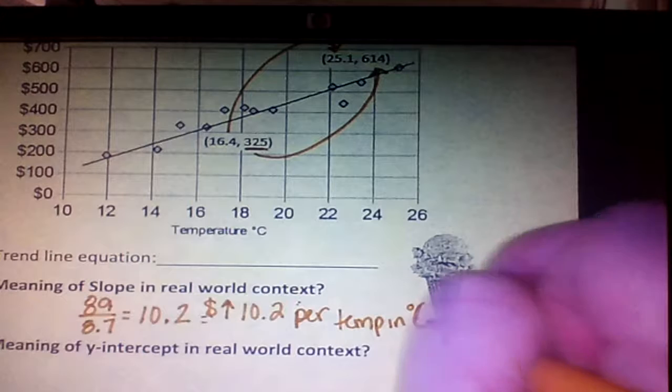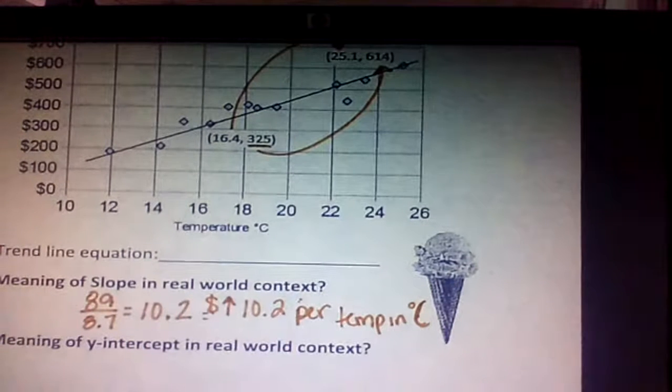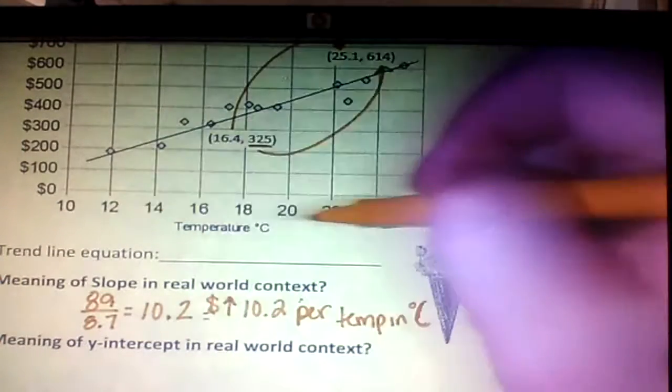So every time the temperature goes up by 1 degree Celsius, we sell about $10.2 more of ice cream. Just by 1 degree Celsius. Okay, so you've got to think about what Y means and what X means when you're determining slope.